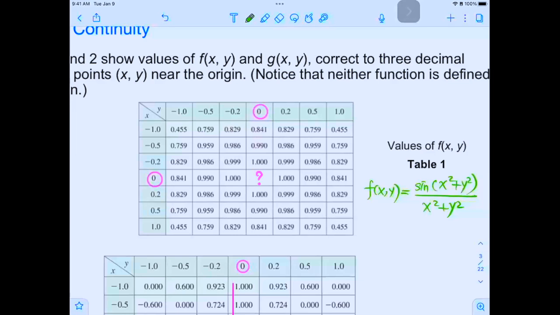Notice that for y here, I put values less than 0 and bigger than 0, so y is approaching 0 from this side and this side. And then over here, f is going to approach 0 from here and here. But let's think about what value here do you think is going to go to?